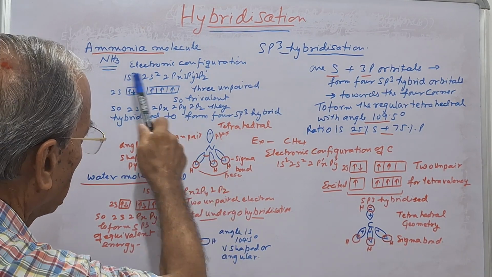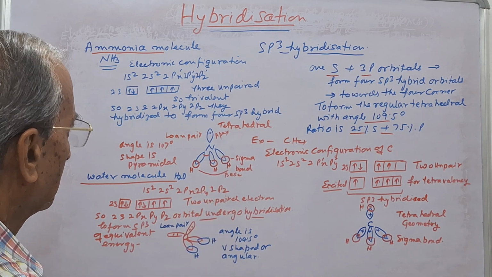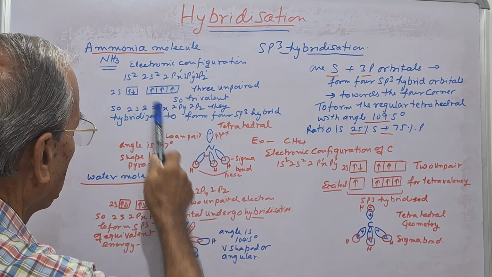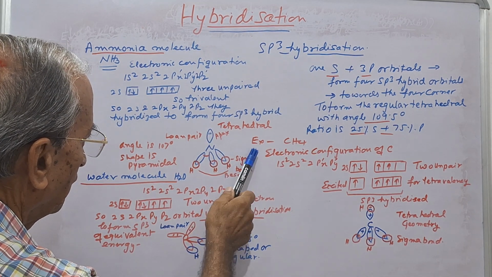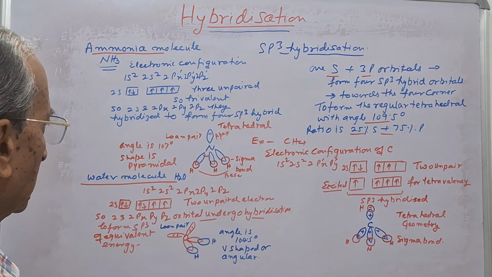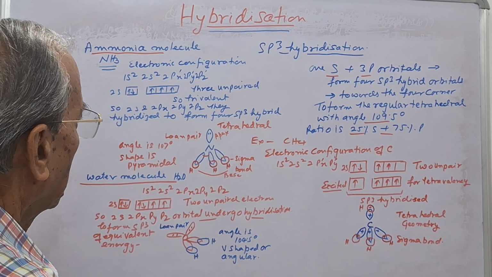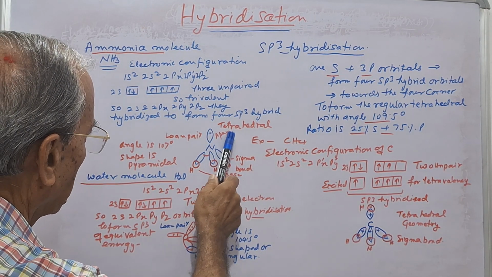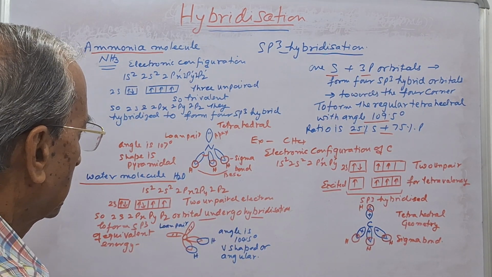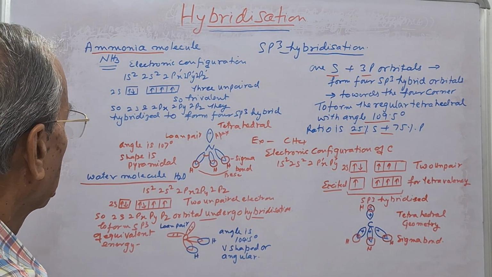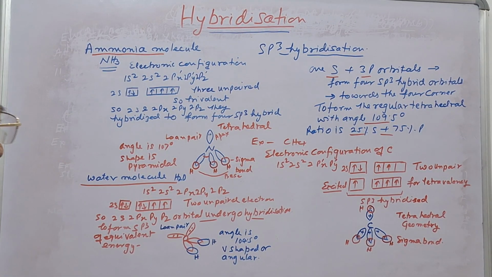So the structure of ammonia will be like this: the nitrogen atom and the three unpaired electrons overlap with the hydrogen atoms to form sigma bonds. Now one lone pair is left. So we say the lone pair is the apex and the base is the three sigma bonds of hydrogen with nitrogen.